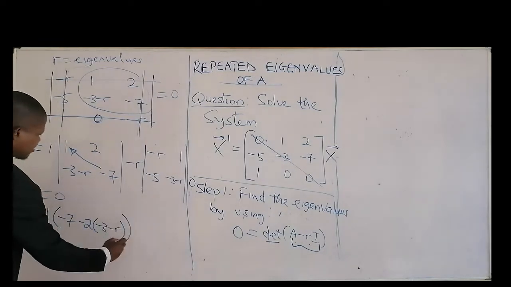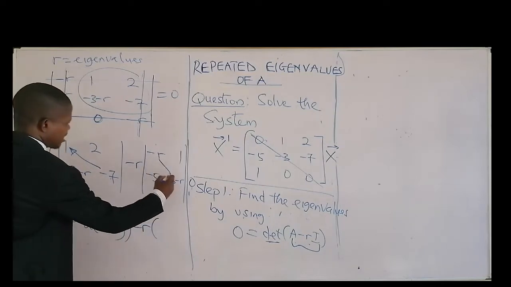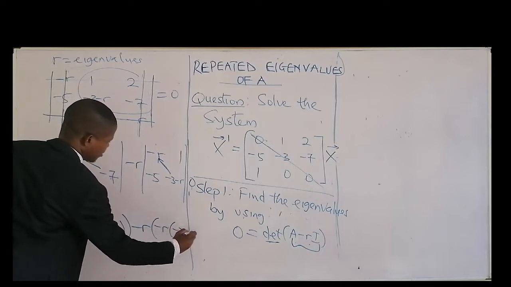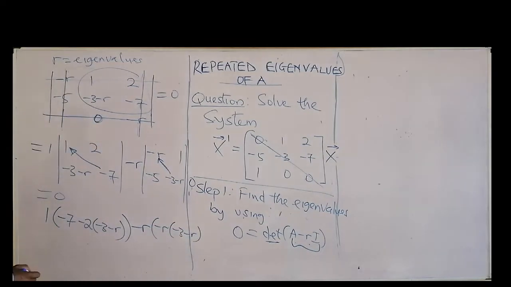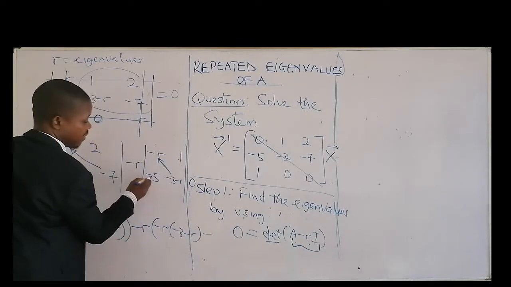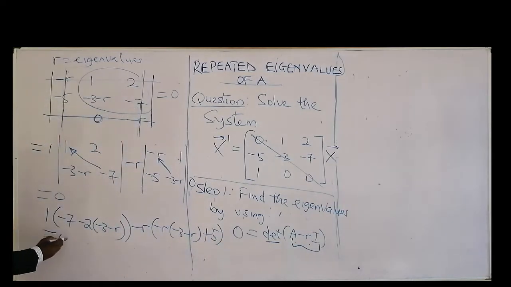We close the brackets. Then minus this, put your brackets, minus r times minus, minus that, then this one times this one, so that's minus, and this is minus 5, making plus 5, equal to 0.